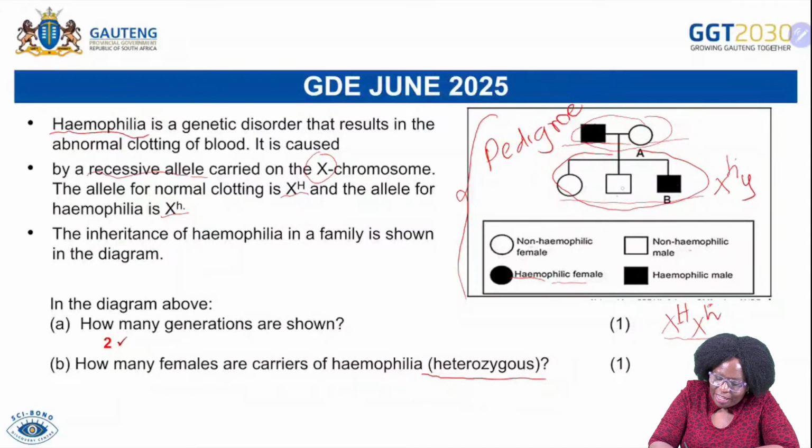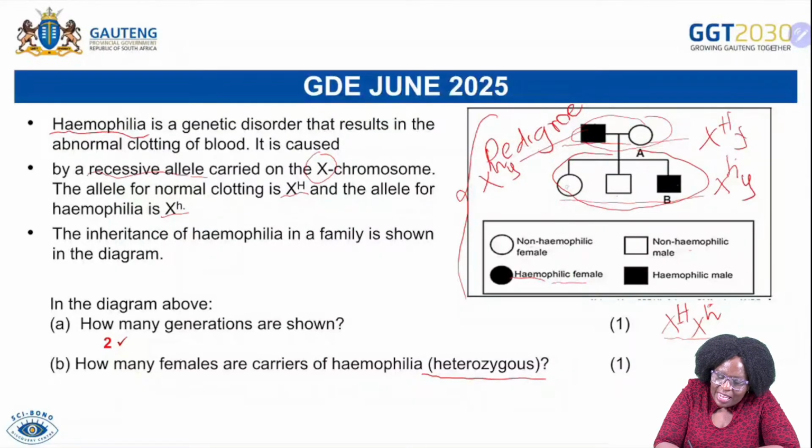And if you check this other male, the middle one, he should be having X and a capital letter and a Y. But because this male on our pedigree diagram is shaded, it means that he is X with a small h and a Y.